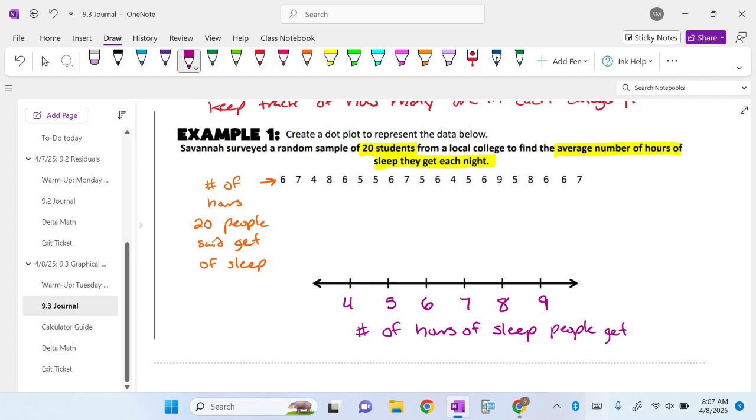Now, we're just going to go down the line and mark a dot or an X, or however you want to do it, to represent that data point. So what's my first number? 6. So I'm going to put a dot here at 6. What's my next number? 7. What's the next one? So all we're doing is going through that list of numbers at the top and marking them on the dot plot.